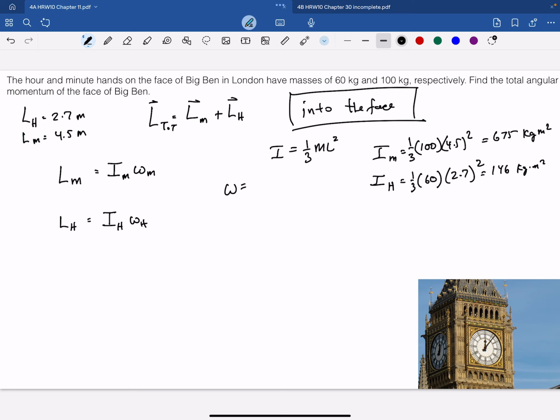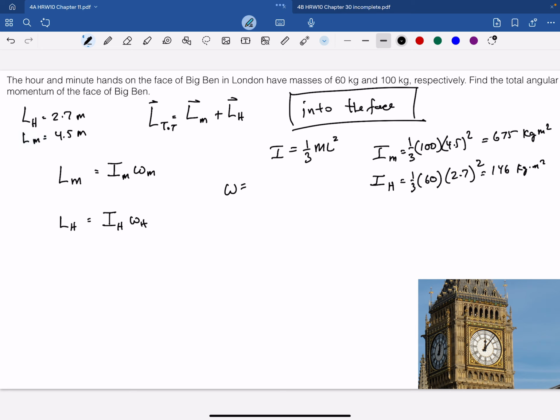The problem didn't give me the angular speed of the minute hand. All it gave me was masses and length. Am I stuck? No? Oh! We do have it.